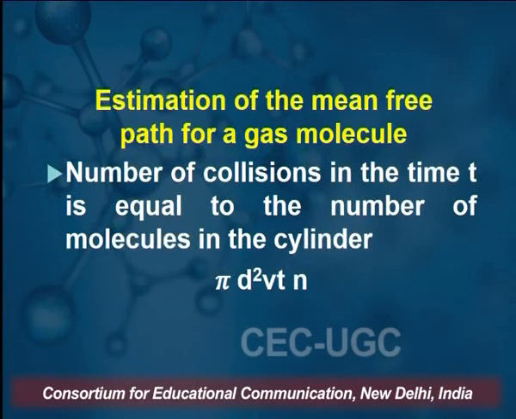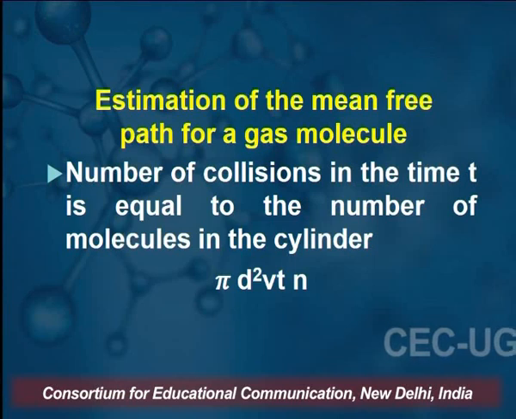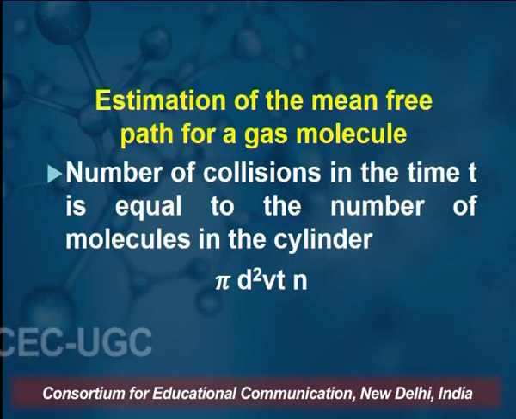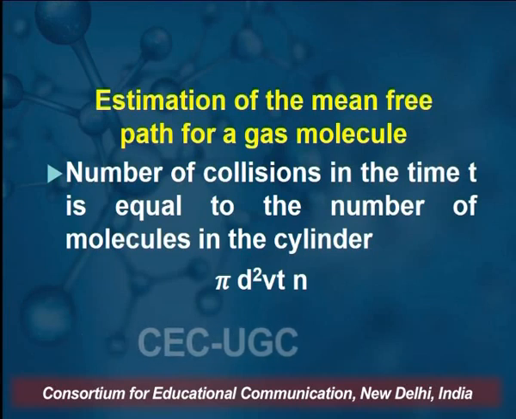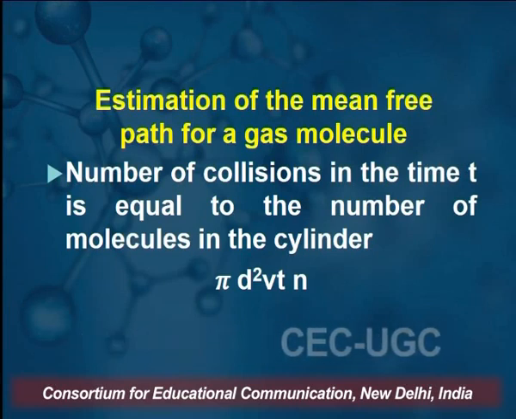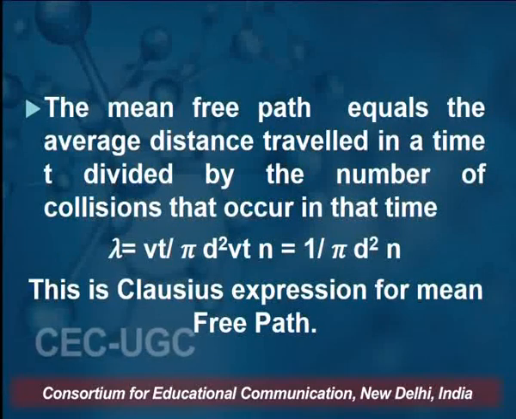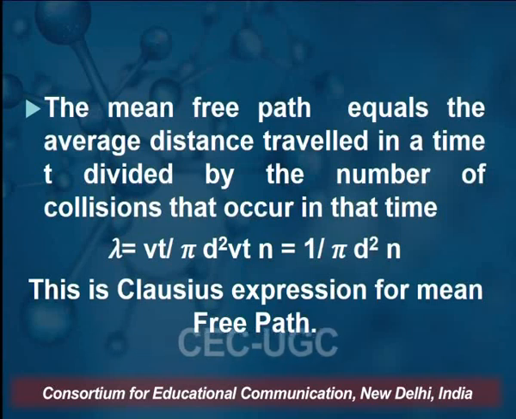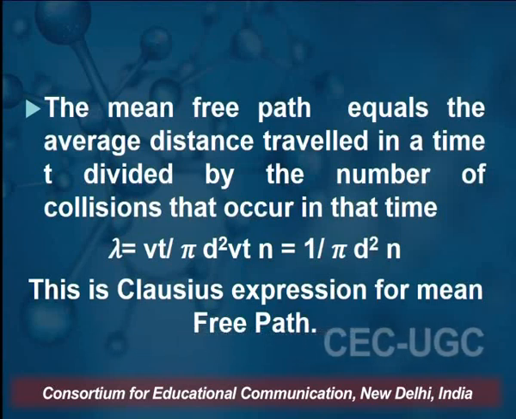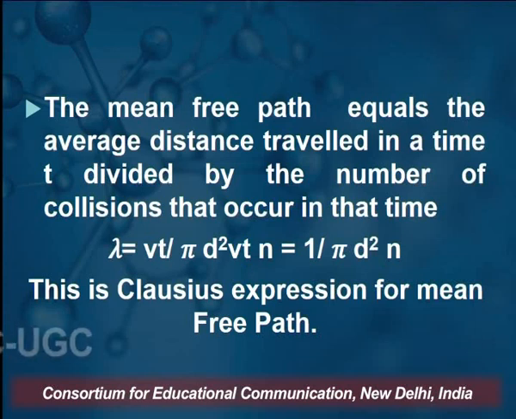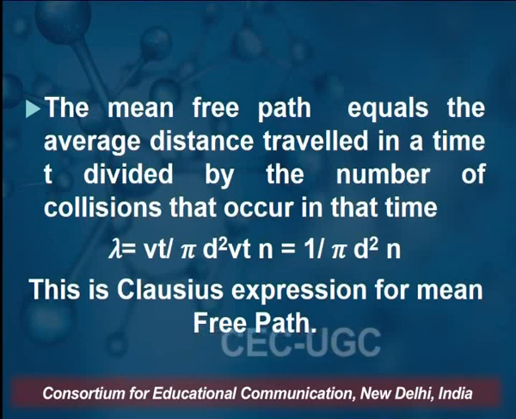Hence, the number of collisions in the time t is equal to the number of molecules in the cylinder, which is given by pi d square into vt into small n. The mean free path equals the average distance travelled in a time t divided by the number of collisions that occur in this time.